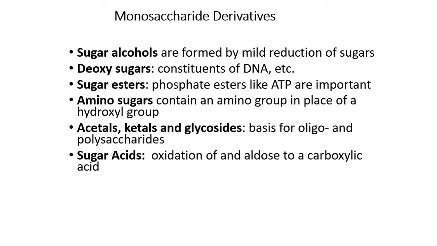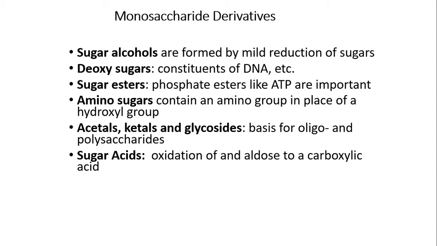So there are a number of derivatives of monosaccharides, and we're going to take a look at these each individually, but just to list them off. To begin with, sugar alcohols are formed by mild reductions of the carbonyl groups in sugars. Deoxysugars, constituents of DNA, have one or more hydroxyl groups that are replaced with a hydrogen atom.